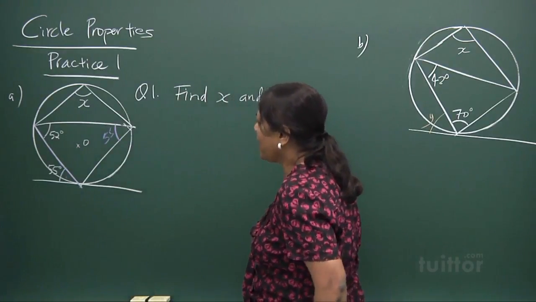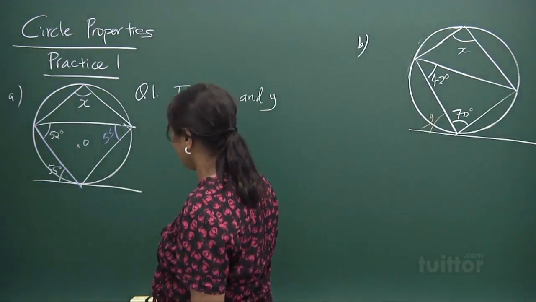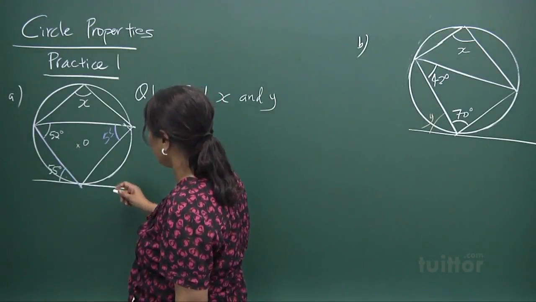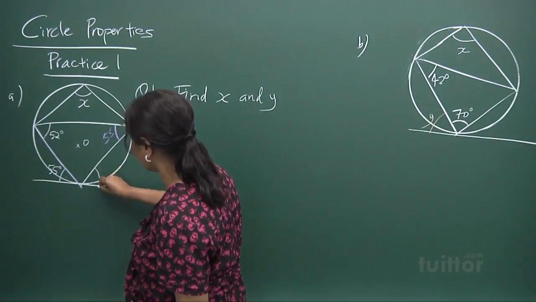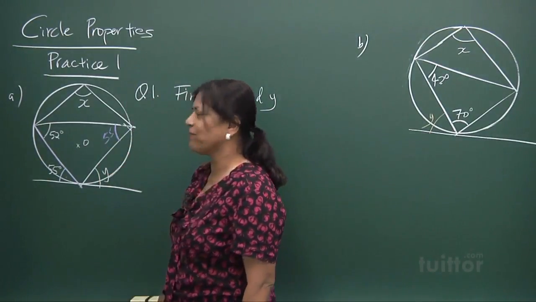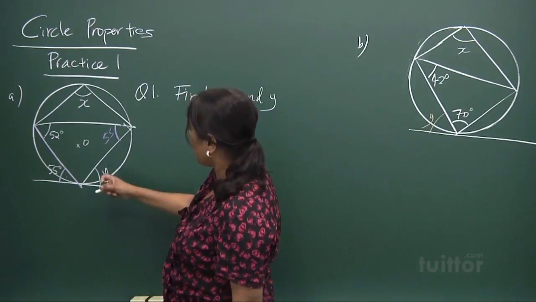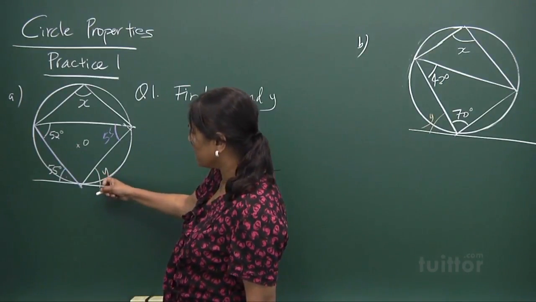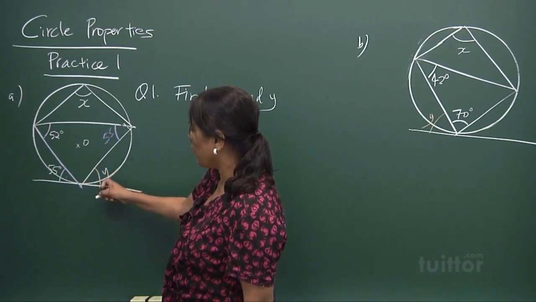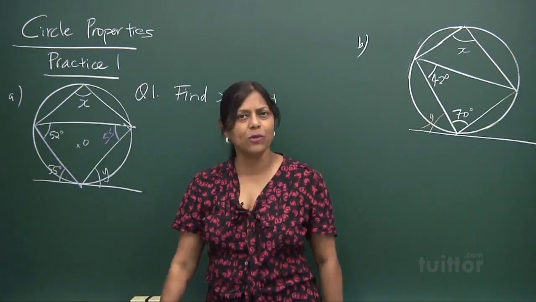Actually the y was supposed to be here, which was missing, so I'd like to fill in the y. Now you've got this as 55 degrees. What is y equal to?